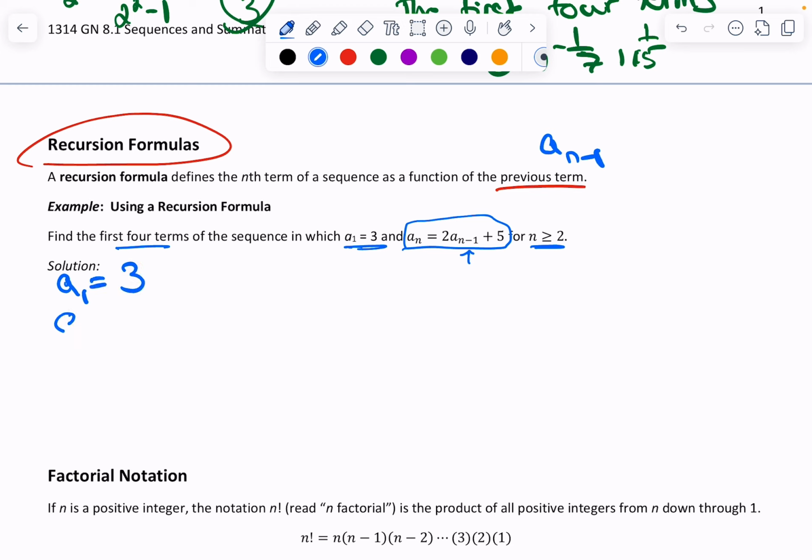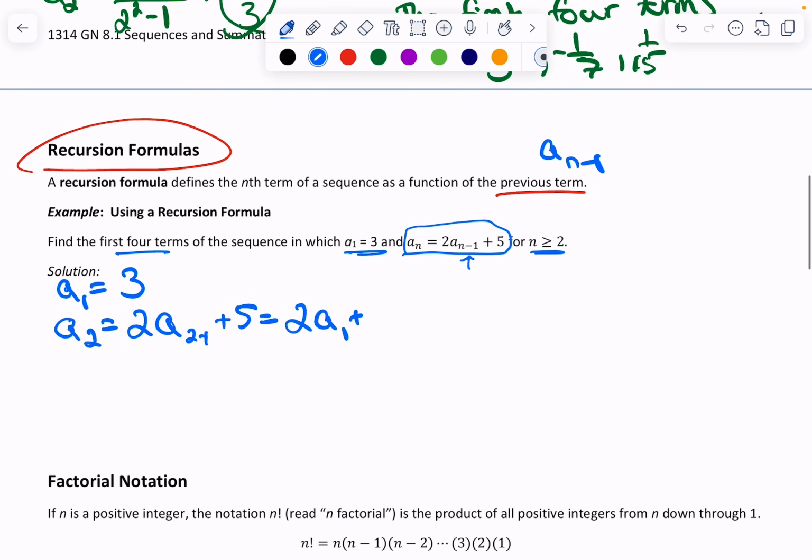Our second term is going to be 2 times a, subbing in with the 2, so 2 minus 1, plus 5. So this is going to be 2 times the first term plus 5. Well, we know that the first term is 3.